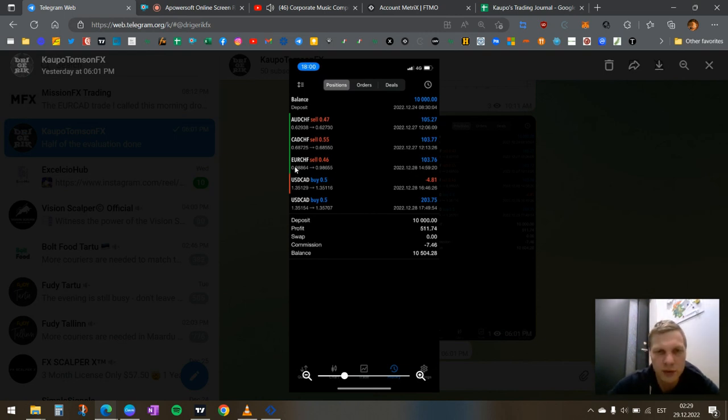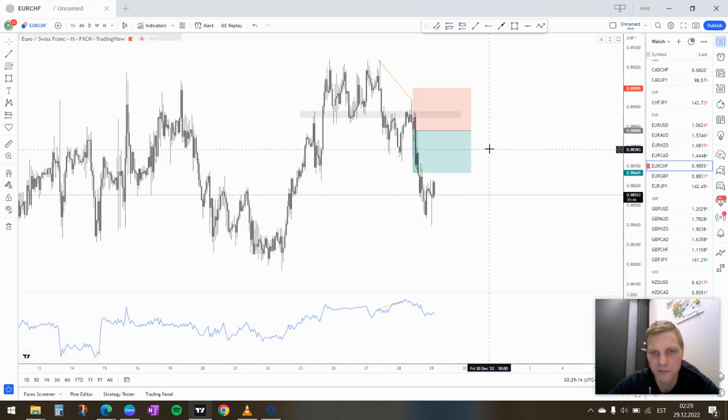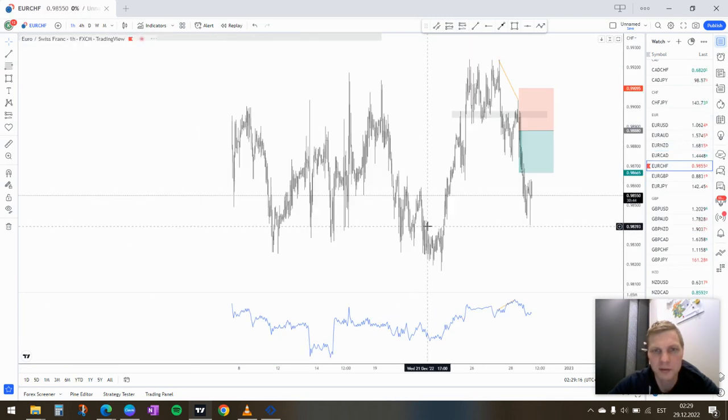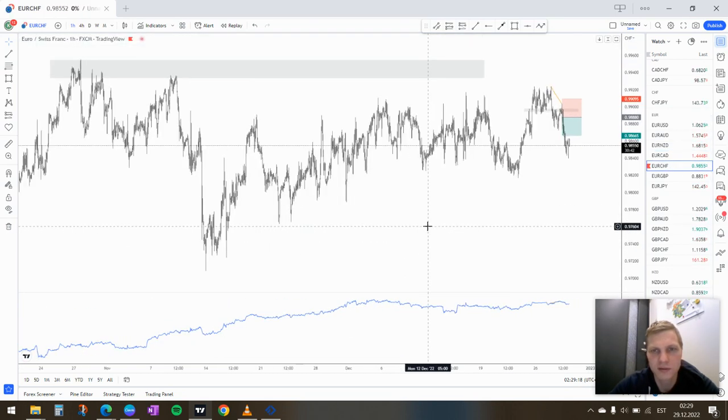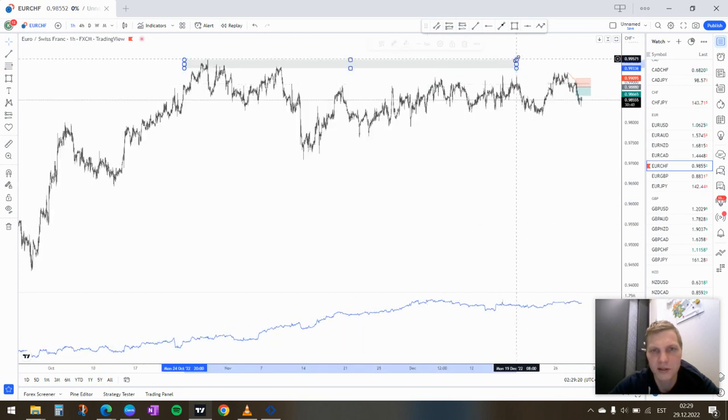And today I took a Euro CHF and the USD CAD trade. Now I'm going to talk about these two. But first, Euro CHF. Fairly simple trade. Price is in a range.